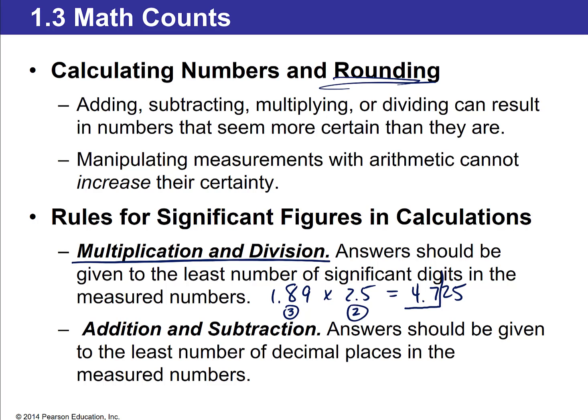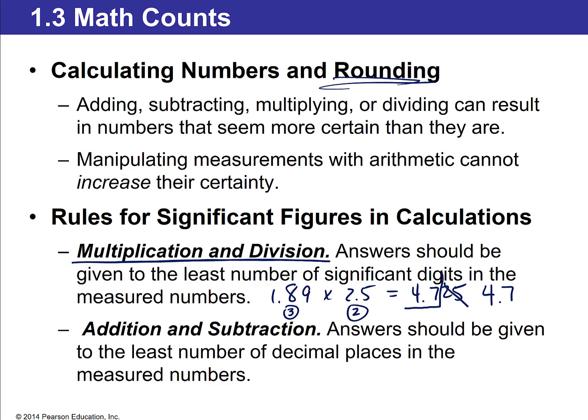Since that's a 2, anything that's below 5 just gets dropped off. So my answer would be 4.7. You keep the decimal place to indicate the size of the number, but since my 2.5 is one of the parts of the problem, I need to round my answer so that it also has the same number of significant figures as the smallest significant figure units in the problem.